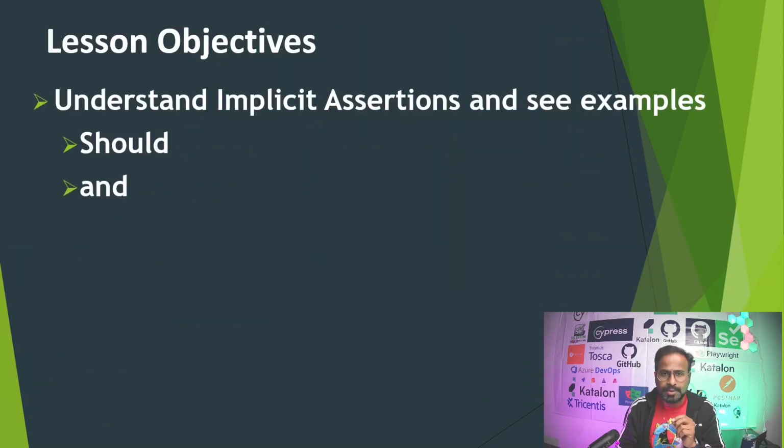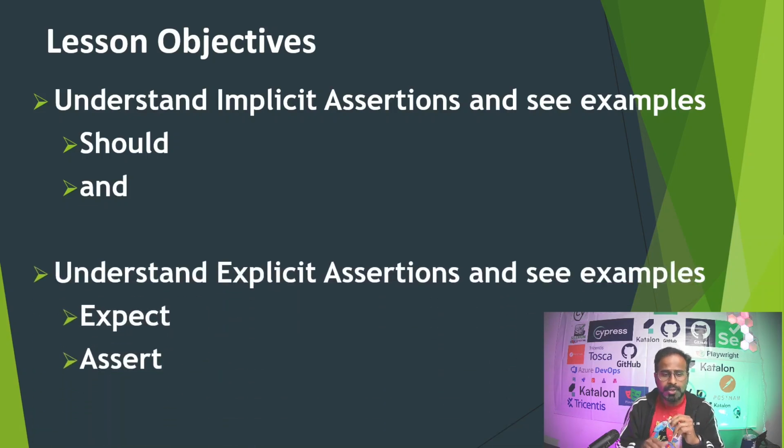Okay, so now let us see our lesson objective. Our lesson objectives is to understand what is implicit assertion, and then we are going to see some examples of how we can use two different types of assertions, should and and, while automating your test cases. And also we are going to understand about explicit assertions, and we will see examples expect and assert.